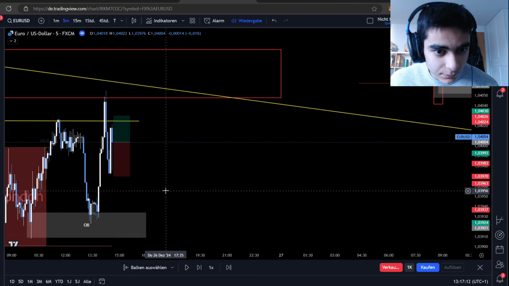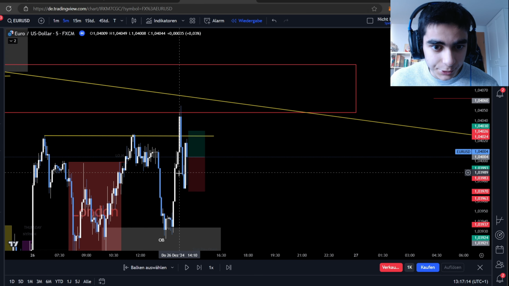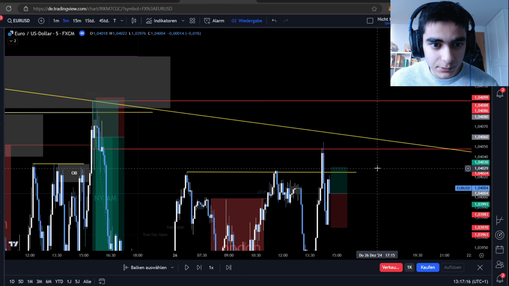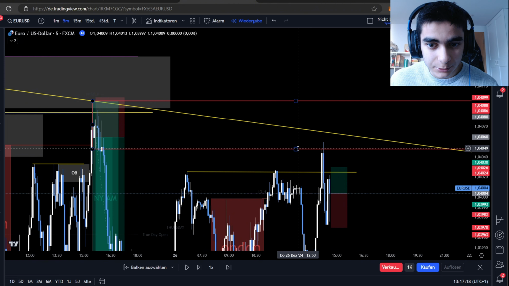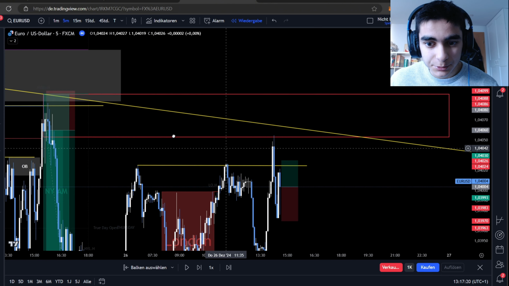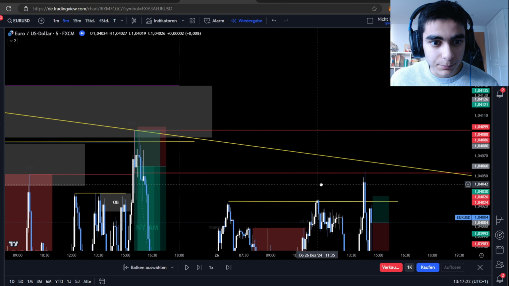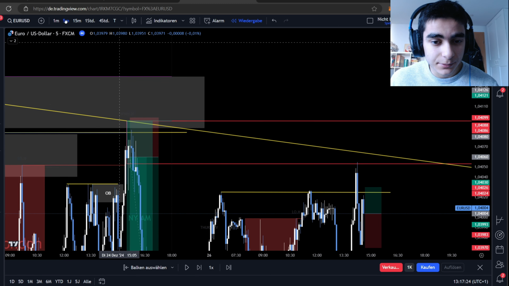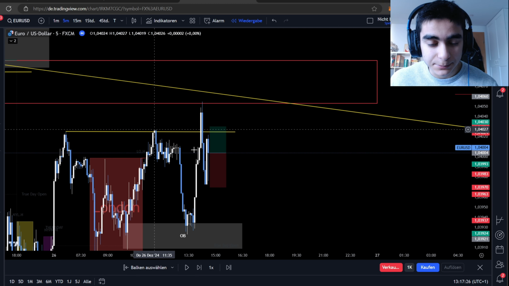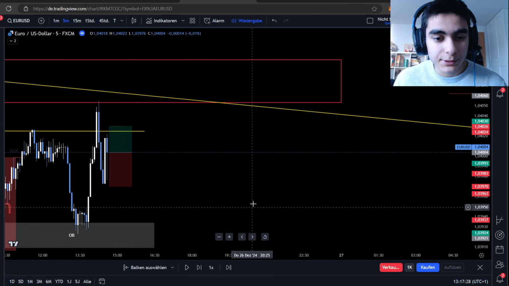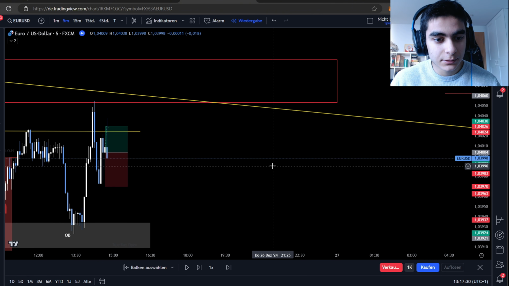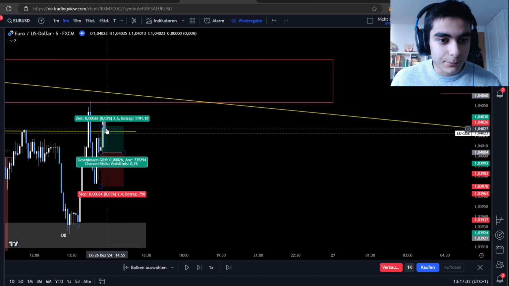And yeah, just a huge reaction from here. We still have this order block, so it could be a risky entry, but because of this trend line and we are in a bullish complex pullback, you could enter in here. Let's aim for 1 to 3.